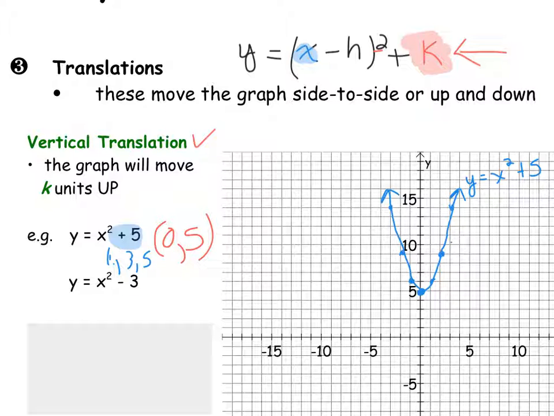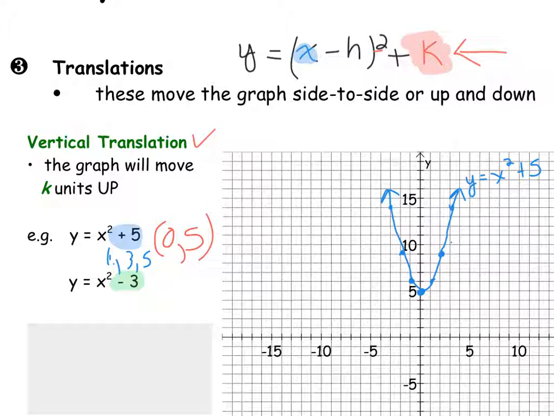So when I look at the graph of this function, I'm noticing that this minus 3 is outside the brackets. There's no value beside my x inside any brackets. So that tells me that this motion is a vertical translation, and it's a vertical translation by 3 units down.